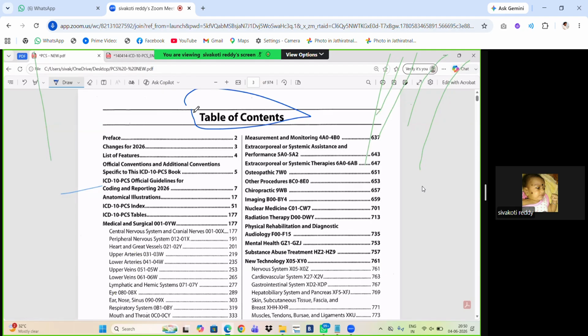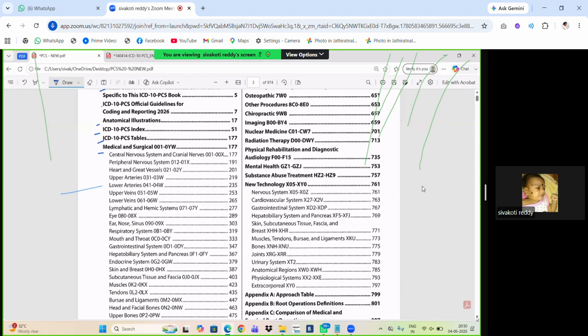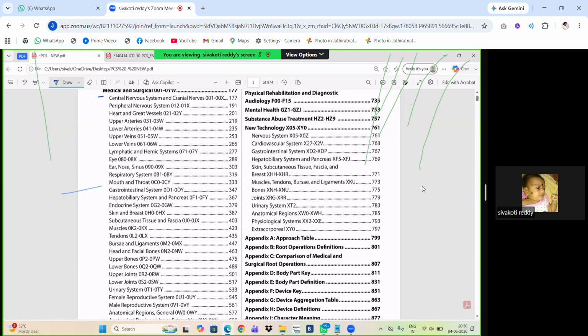If you open the table of contents, we need to look for all the headers like preface, changes of the 2026 list, official conventions, ICD-10-PCS guidelines, anatomical illustrations, PCS index, PCS tables, then medical and surgical. Here you will get all the 31 body systems that we discussed.